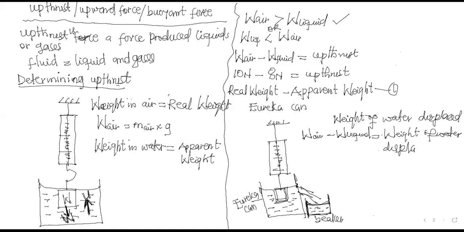So that is how to determine upthrust. Two methods. Weigh it in air, weigh it in liquid. Subtract, and the difference is equal to the upthrust. Or weigh the object in water or liquid and then determine the weight of the displaced water, and that is equal to upthrust. So here we have upthrust in two different ways.